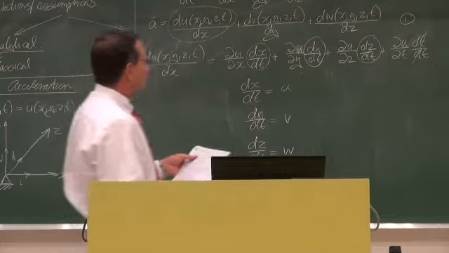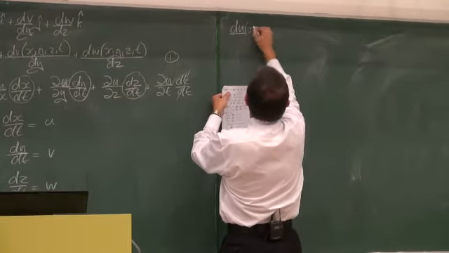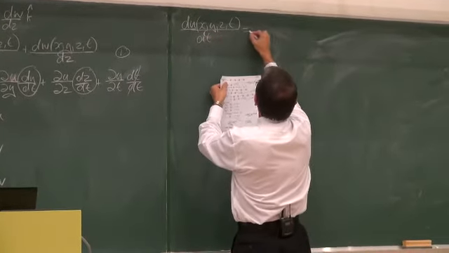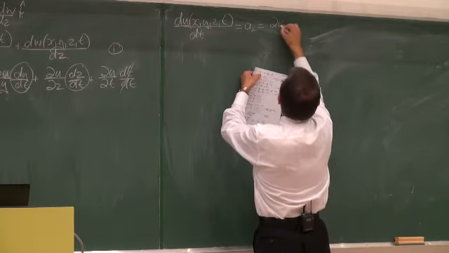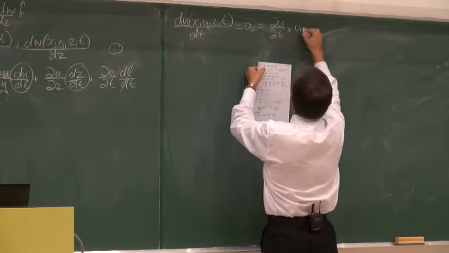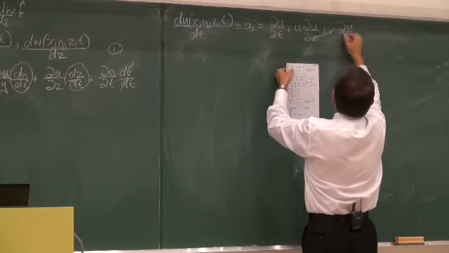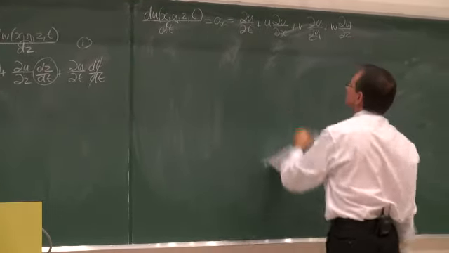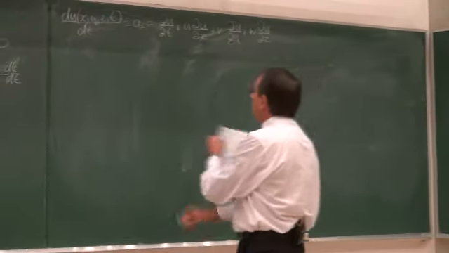So therefore, we can write du(x, y, z, t) dt, which is the acceleration in the x direction, as partial du dt plus u multiplied by partial du dx plus v partial du dy plus w partial du dz. Any questions?